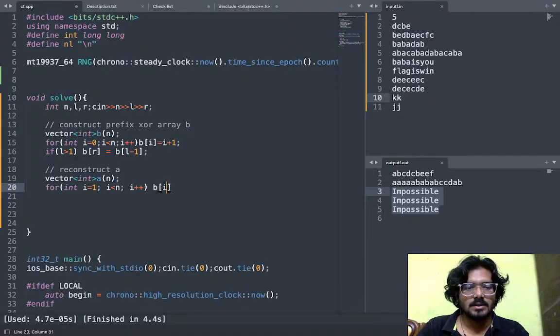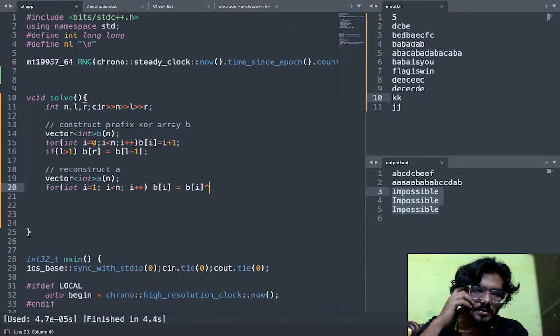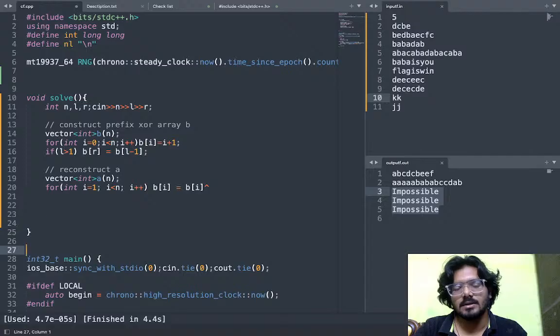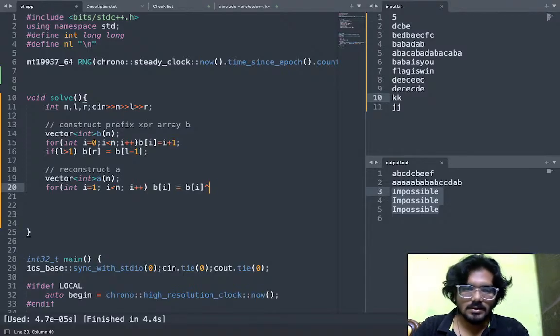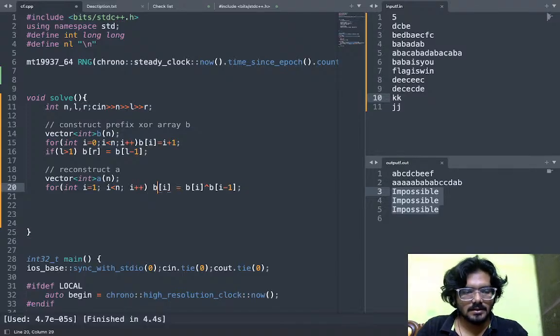Okay, so b equals b i XOR, okay, so we are starting from 1, so we will have the rest of the elements there, and we'll get a nice and good array.